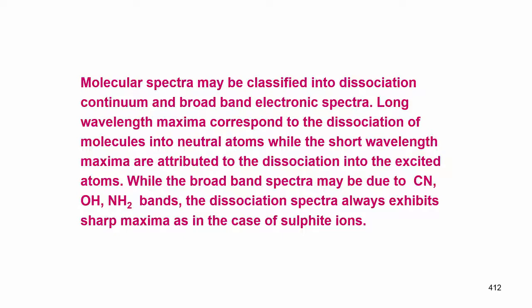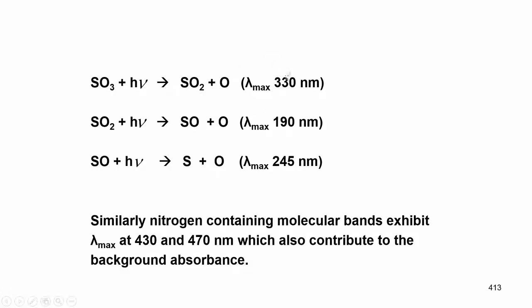The broadband spectra may be due to cyanogen, OH and NH2 bands. The dissociation spectra always exhibit a sharp maximum, as in the case of sulfite ions. If it is sulfite ions, you will see a sharp maximum. So these are the problems with sulfite.